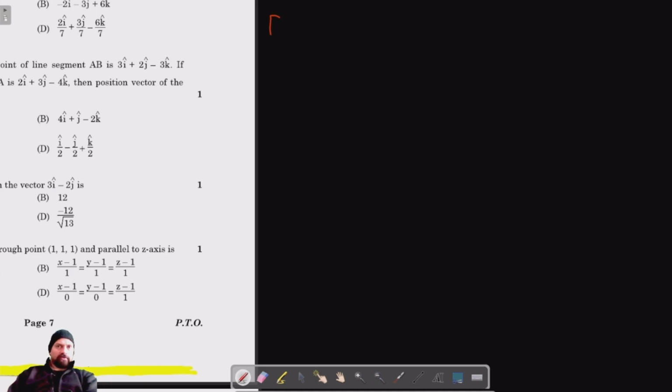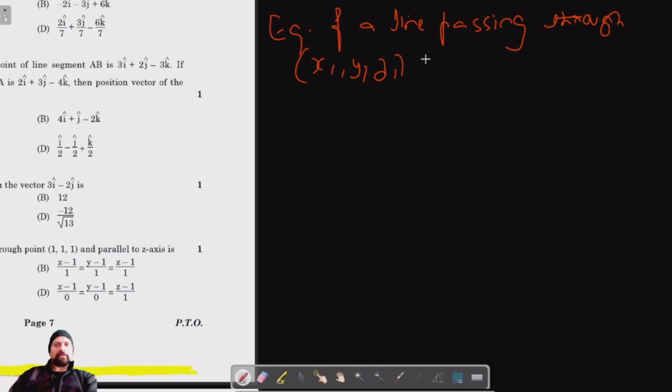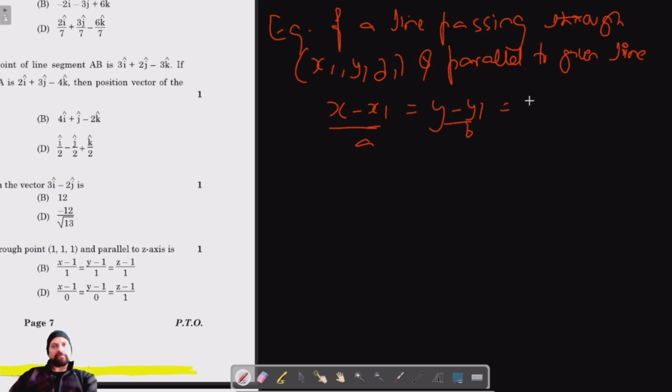We know that the equation of a line passing through a point (x1, y1, z1) and parallel to a given line is given by the Cartesian equation: (x minus x1) upon a is equal to (y minus y1) upon b is equal to (z minus z1) upon c.